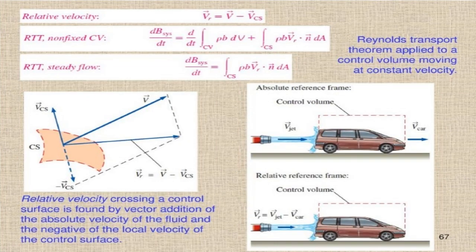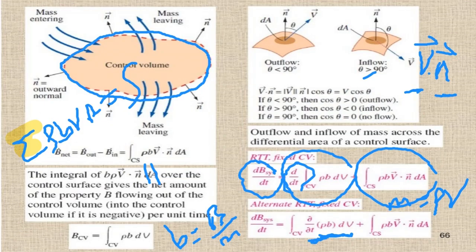Sometimes there may be cases that the control volume may be moving, like this car. In this case, you just need to replace the velocity here with the relative velocity. If it's moving, we're just going to replace this velocity with relative velocity, and all the rest is the same.